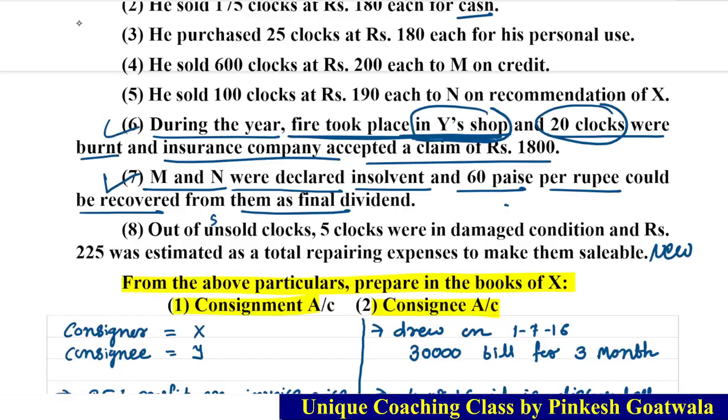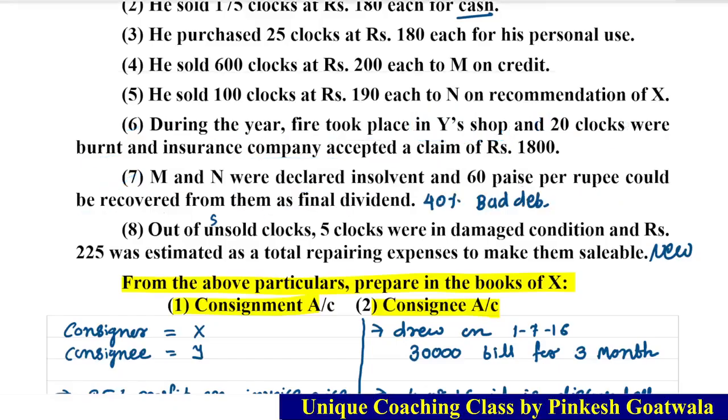So there is a bad debt of 40%. How much bad debt? 40% bad debt, because 60 paisa means 60%. Here paisa means percent. So 60% was received and 40% is our bad debt. And who was declared insolvent? M and N, both.